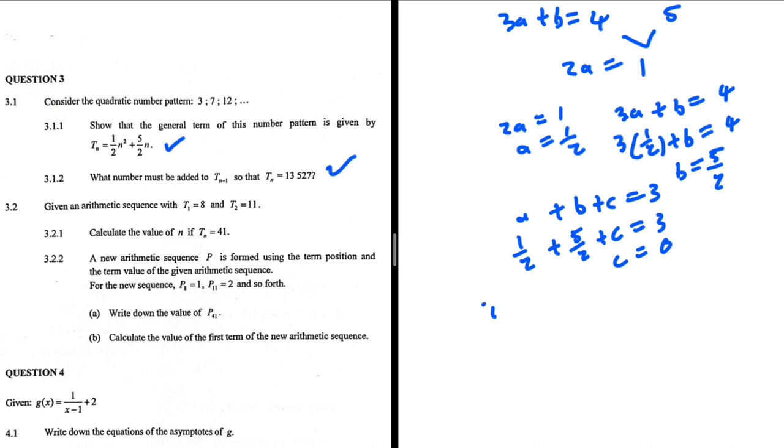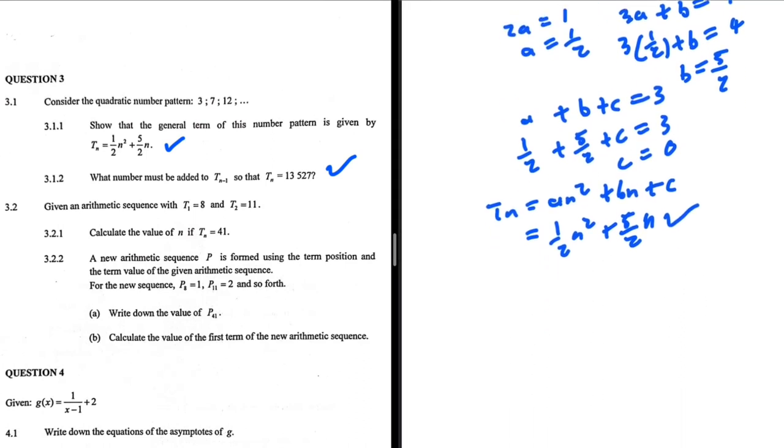So we have tn being equal to an squared plus bn plus c, where a is a half, b is 5 over 2, and c is 0. That is the general term. Alright, nothing complicated there. Sticking to the basics, we are very familiar with questions like this.